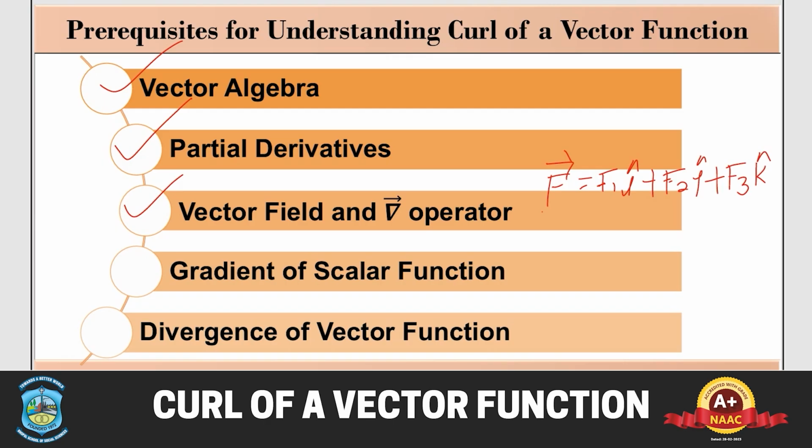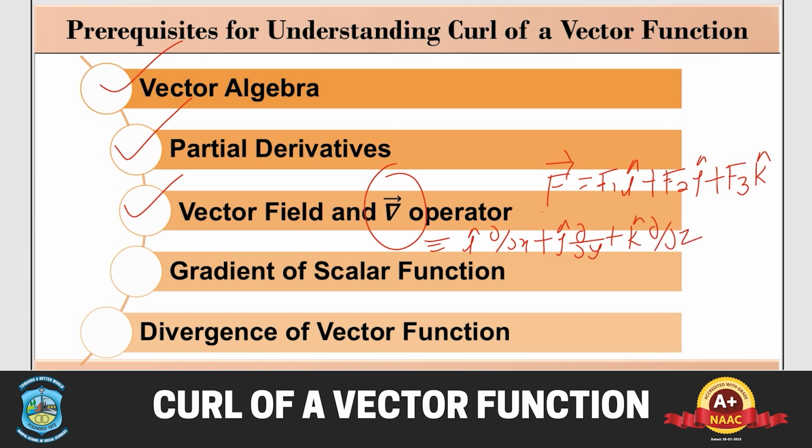And the operator del, the Nabla operator, is equivalent to i cap del by del x plus j cap del by del y plus k cap del by del z.